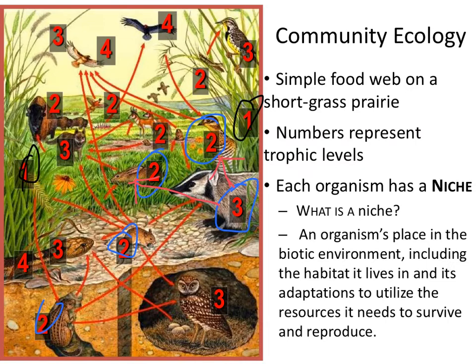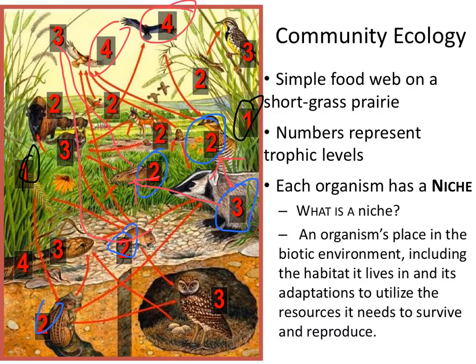Okay? And then, of course, we also have, finally, the 4th trophic level, right here. And these are actually carrion eaters, or we have a hawk. And a hawk is usually going to eat these guys and these guys as well. But it will probably also eat carrion.